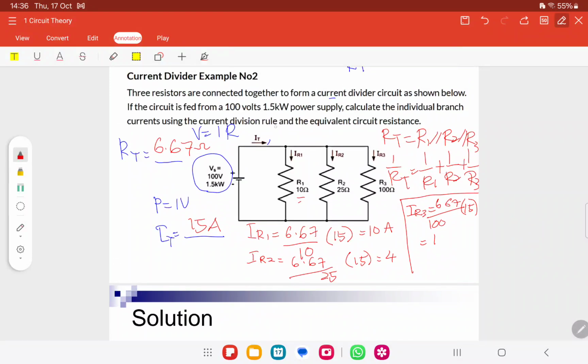Okay. From here, I total is equals to IR1 plus IR2 plus IR3. So if we check, is it equal to? Sama tak? Okay. Boleh. This one ampere.